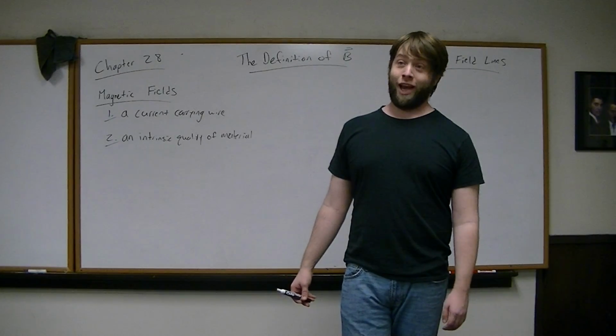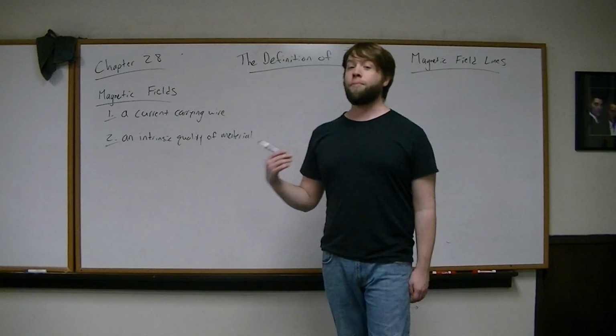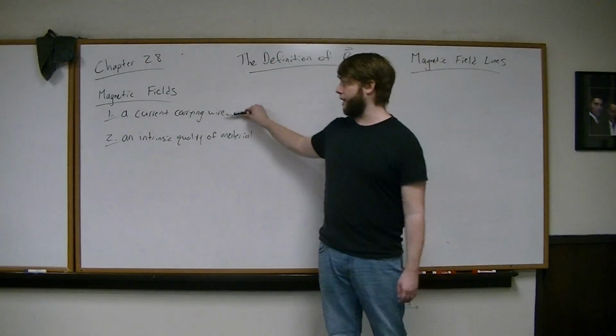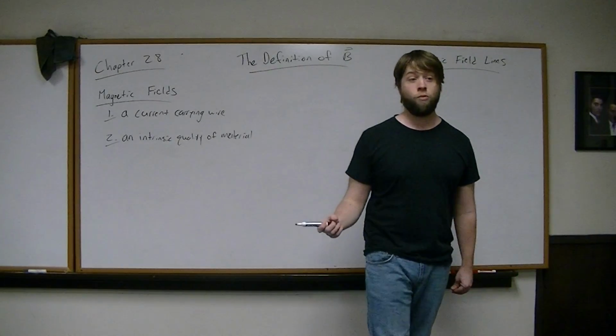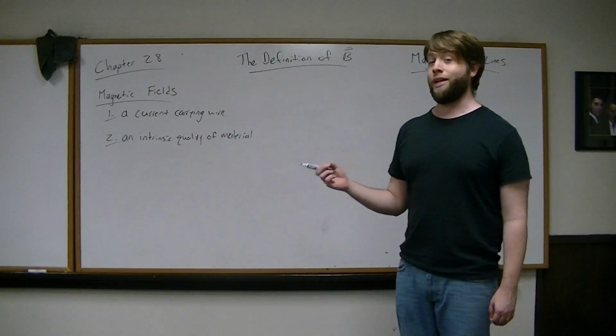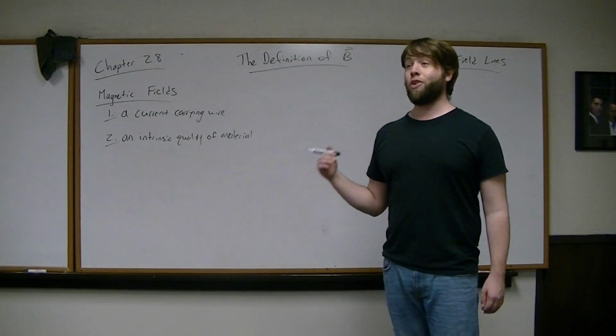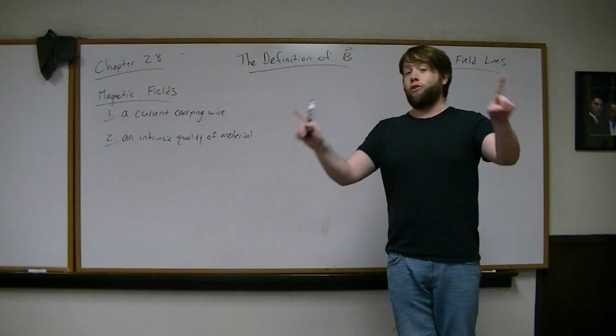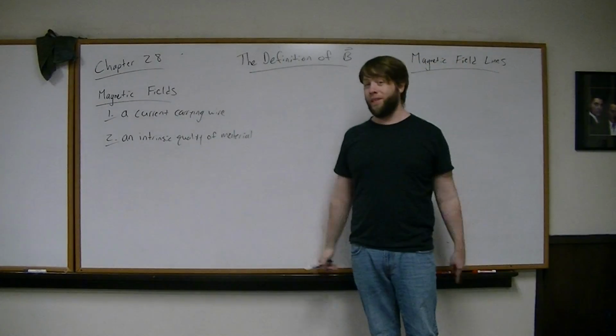Here's where it starts getting really nasty. Okay? Moving particles create a magnetic field. We see that with the first thing right there. So a current carrying wire, we are going to produce a magnetic field. Magnetic fields also change the trajectory of moving particles. So you can see where this relationship is going to begin to form.